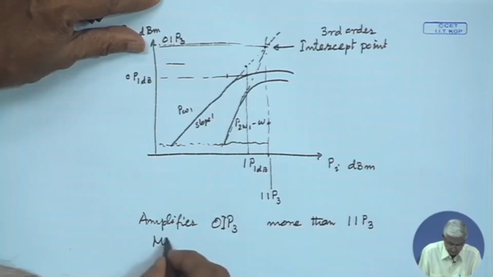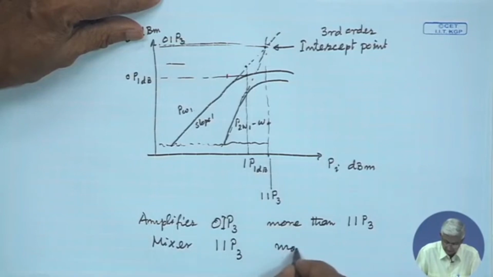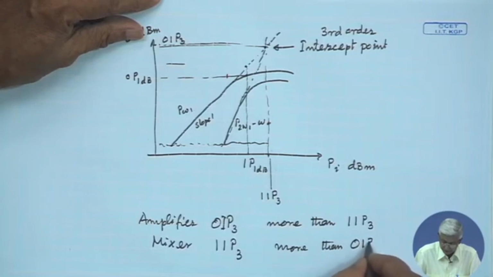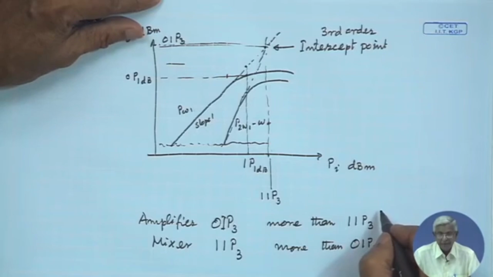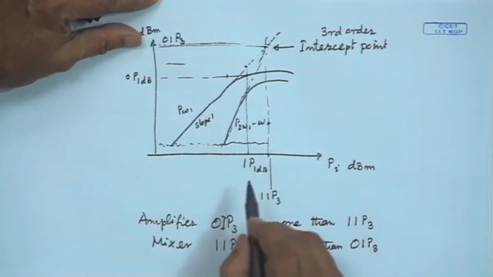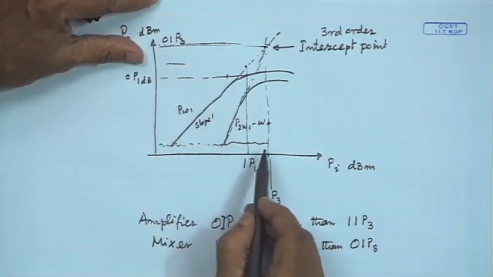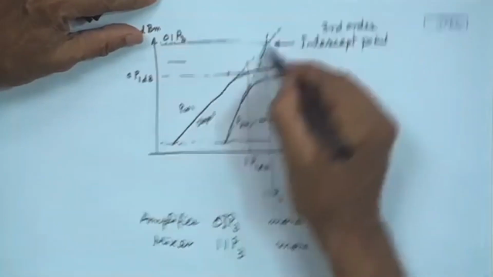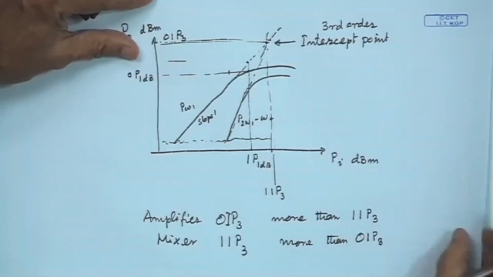In a mixer, the input intercept point third order is more than the output intercept point. So, based on whichever is higher, the device manufacturer specifies that intercept point. So, we have to just refer which side, and then output is always the gain times the input. It is on the linear P omega 1 axis.